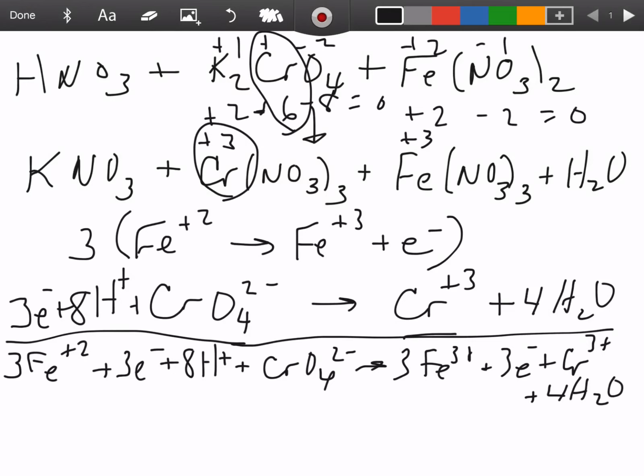And so now we see that we can cancel out things on the left and the right-hand side. We've got 3 electrons on the reactants, 3 electrons on the products, and those can all be canceled out.